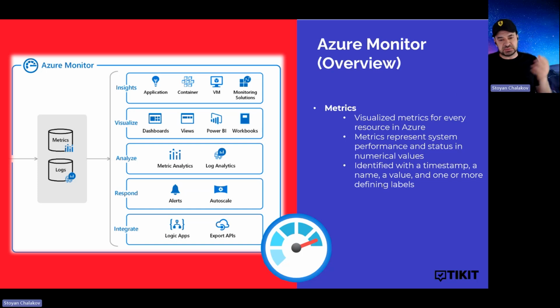It's categorized by subscription, resource groups, resource type. So metrics more or less represent system performance and status in numerical values, and those are viewable. You can verify performance of applications and databases from CPU usage to average utilization percentage, etc., etc.